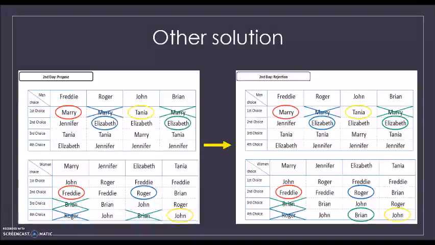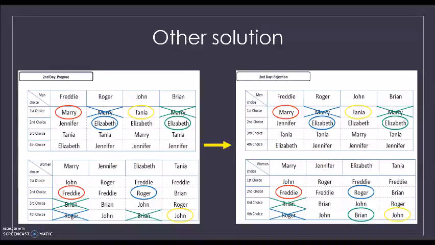Okay, Freddie and John don't have to choose on this day. Only Roger and Brian, because they have no partner. Okay, it goes turn by turn. Roger goes for his second choice, Elizabeth.